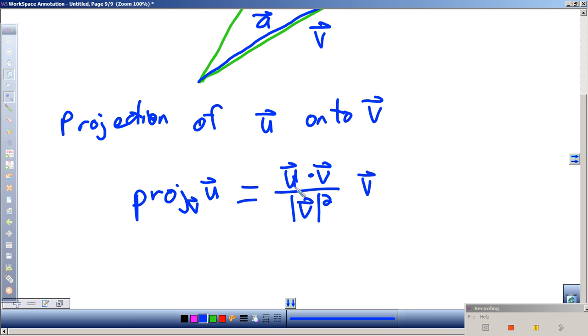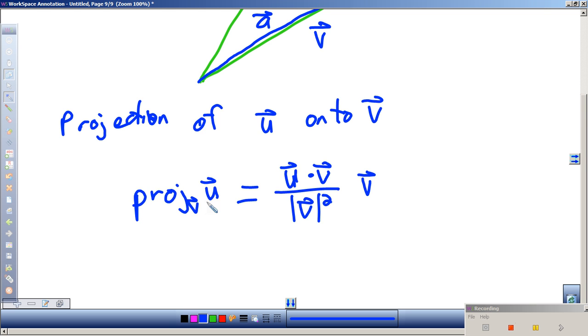This is a U right here, this is a V. It's cleaner when you use bold letters as opposed to the little symbols, but I don't want to take the time to draw bold letters.